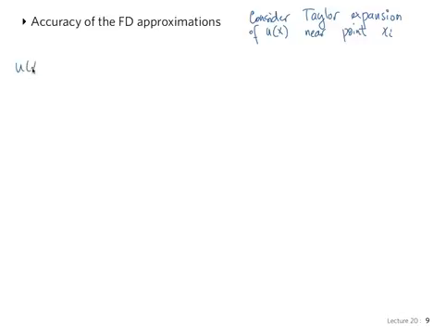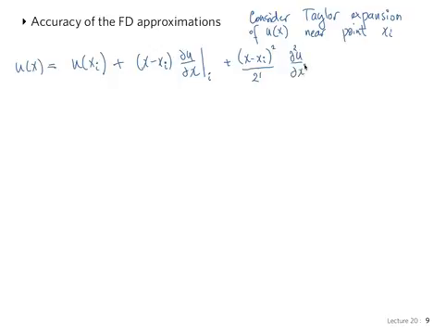So u of x is equal to u of x_i, the full definition of Taylor expansions, plus (x minus x_i) times the first derivative, du/dx, evaluated at point i, plus (x minus x_i) squared divided by 2 factorial times the second derivative, d²u/dx², again at point i, plus we have a third order term, (x minus x_i) cubed over 3 factorial times the third derivative of u with respect to x at point i, and so on and so forth, to infinity. So that's our Taylor expansion.